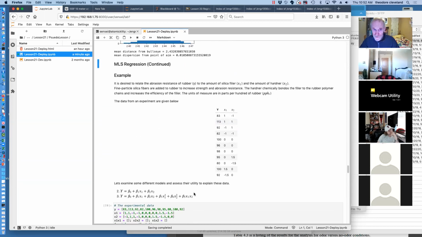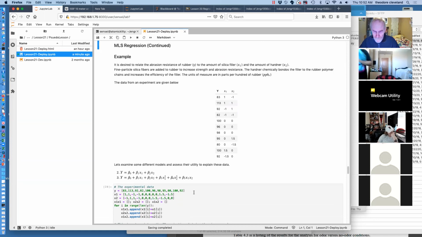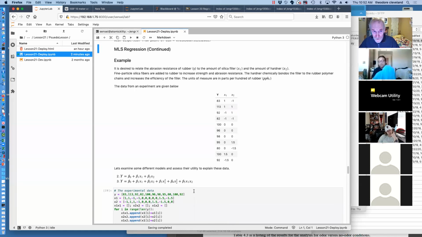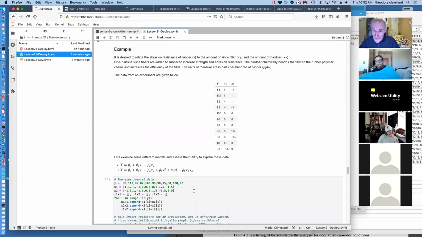All right, let's revisit our multiple listing service regression from last time. Let's suppose we're tasked with the following. We want to relate the abrasion resistance of rubber, which is indicated by the variable y, to the amount of silica filler, which is indicated by the variable x sub 1, and the amount of hardener, variable x sub 2.